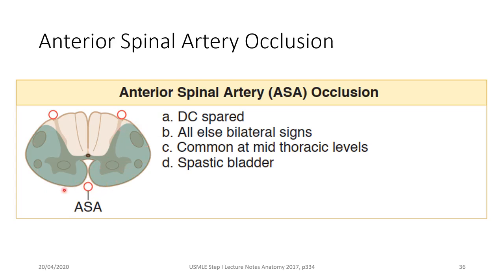I'm not going much into the detail, but simply speaking, only the dorsal columns are spared. The rest of the spinal cord will be damaged, leading to bilateral signs of spinothalamic tract, spinocerebellar tract, motor system and lower motor neuron involvement at the level. This is again the topic of spinal cord, which tract and which nucleus leads to which. But here we see that anterior spinal artery damage can lead to anterior spinal artery occlusion syndrome, with damage to two-thirds of the spinal cord.